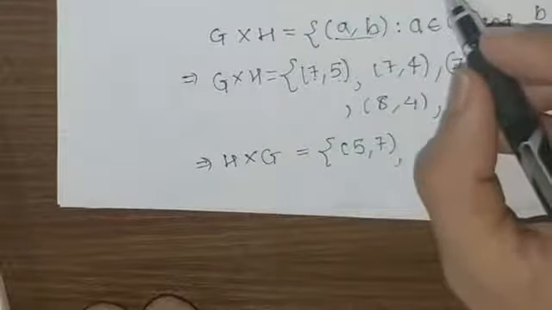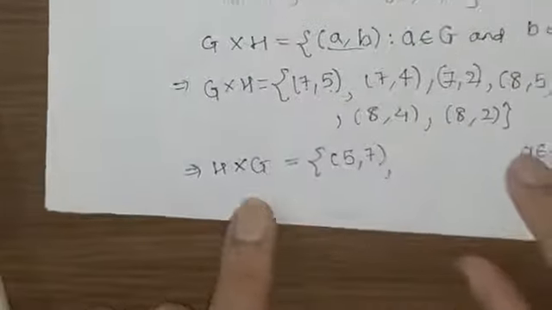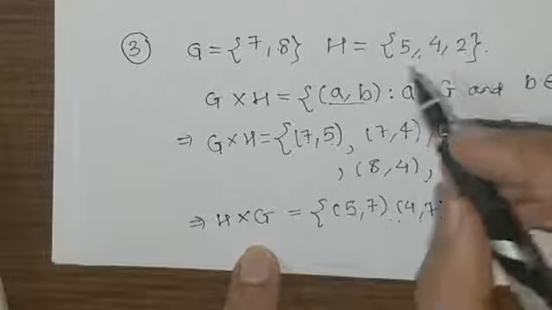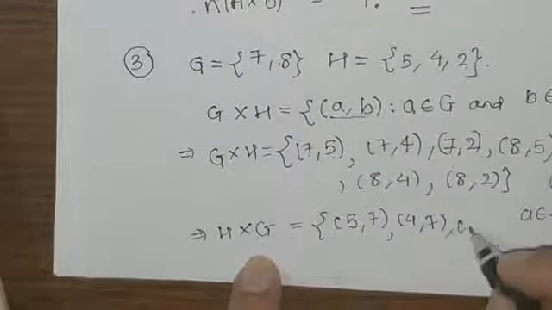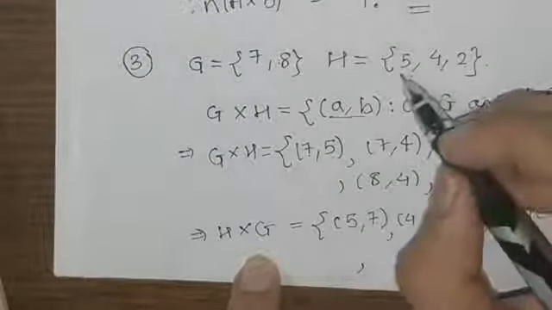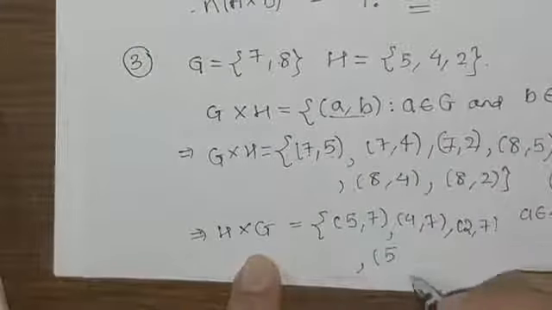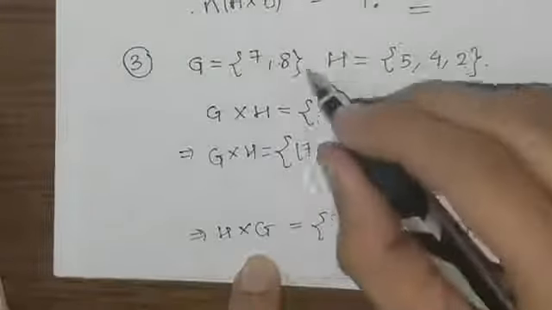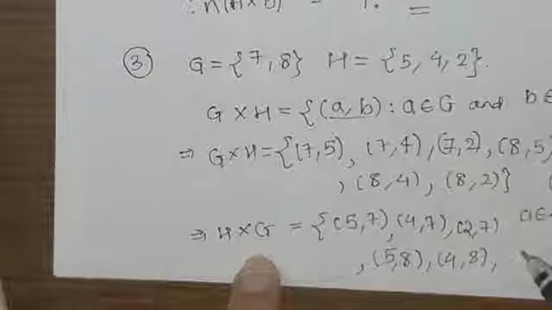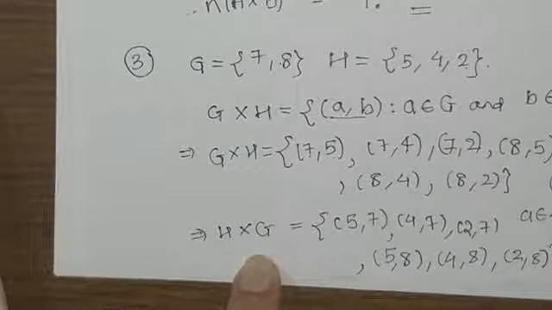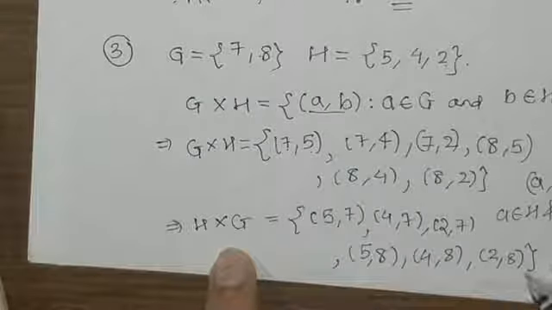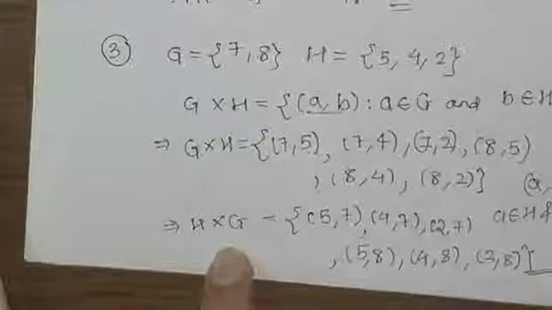Next element will be (4, 7). Next element will be (2, 7). Then (5, 8), then (4, 8), then (2, 8). This is the set H cross G. That was the third problem.